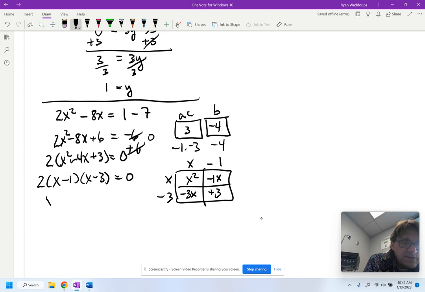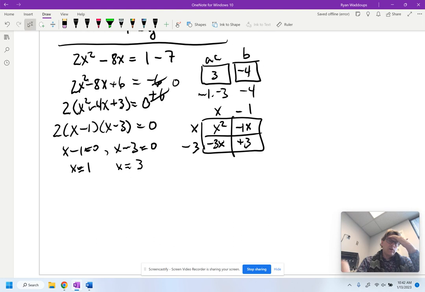And then I set each of those equal to 0. x minus 1 equals 0. And x minus 3 equals 0. And here this gives us x equals 1. And here this gives us x equals 3.